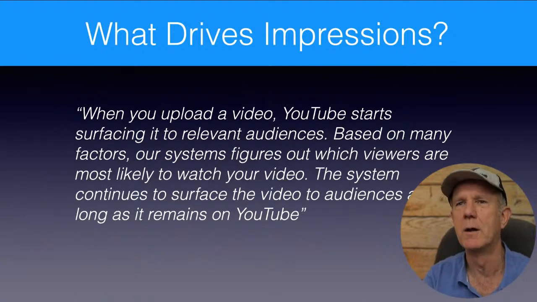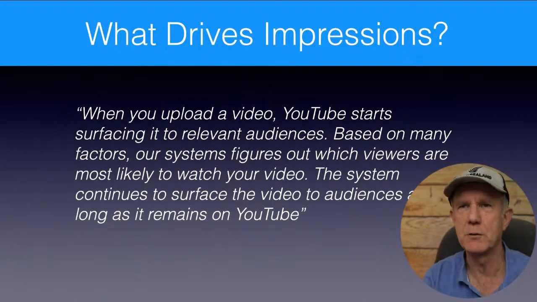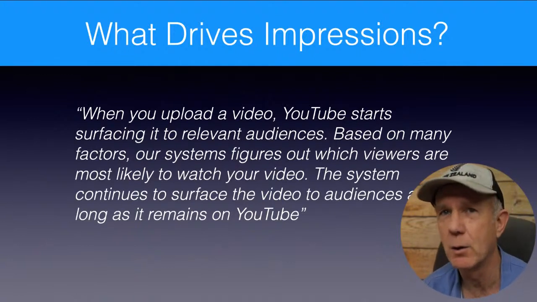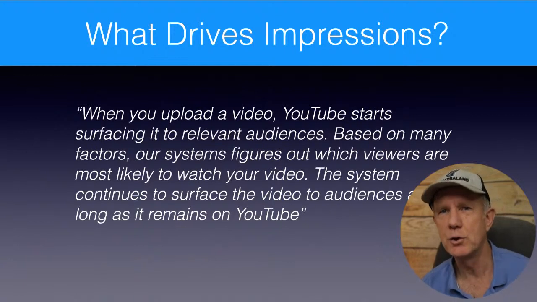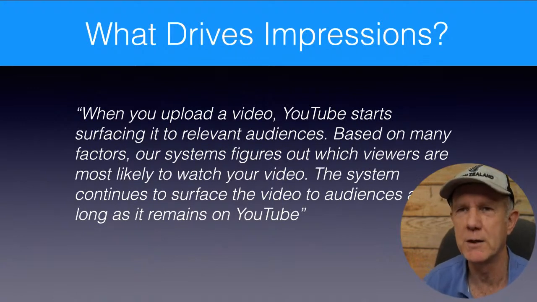Based upon many different factors, YouTube figures out which viewers are most likely to watch the video. So it could be people that previously watched your video, people that have watched similar videos, and YouTube's system will continue to surface the video to audiences as long as it remains on YouTube.